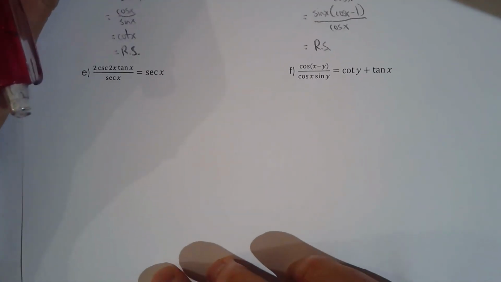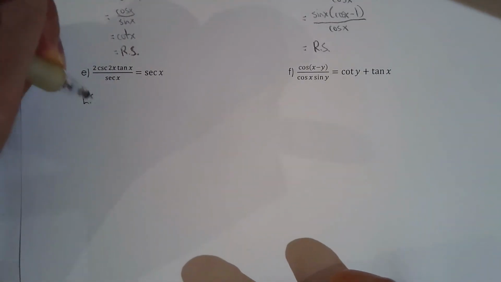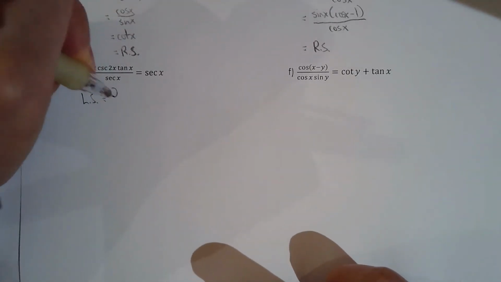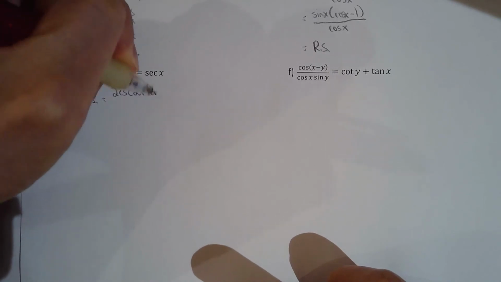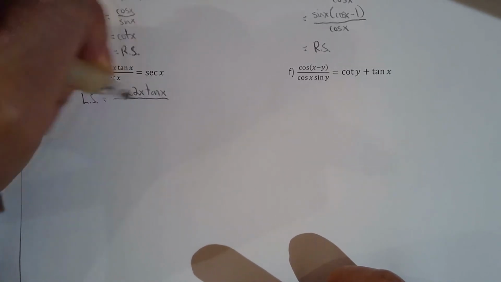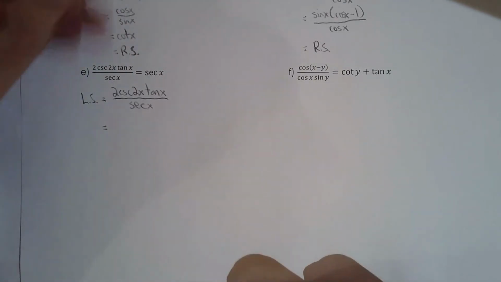Okay, 2 more to go. I can't stress this enough. You need to memorize your identities. Alright, left side. So I'm going to break this apart.